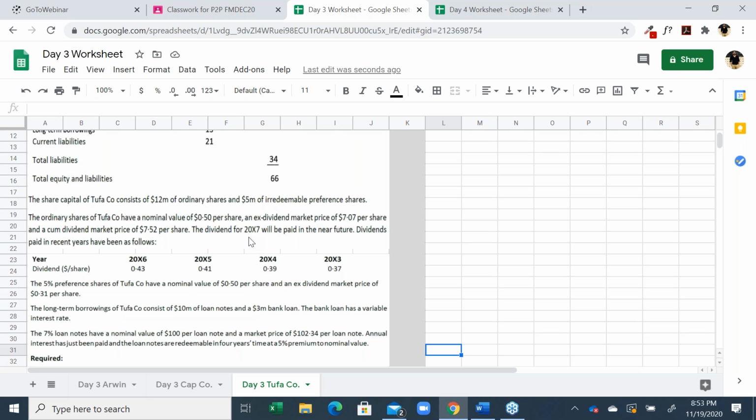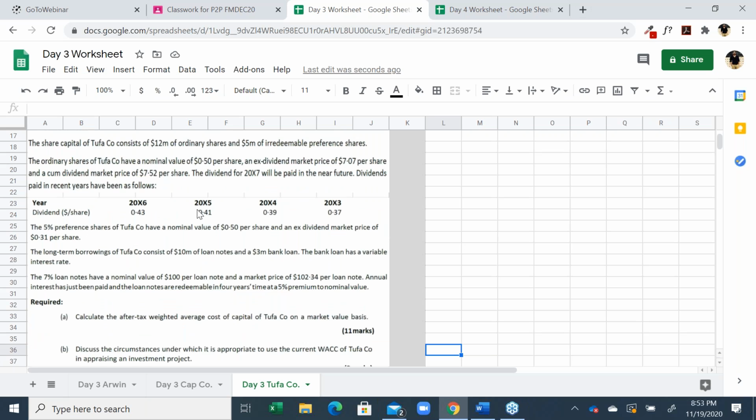The dividend for 2007 will be paid in the near future, and dividends paid in recent years have been as follows. So these are the dividends that have been paid in the previous years. And 5% preference shares of Tufa company have a nominal value of 0.5.